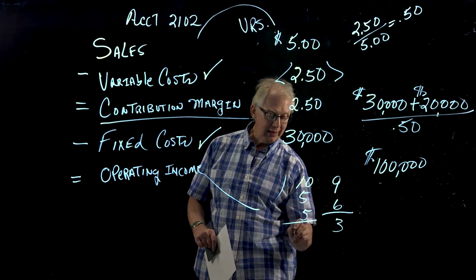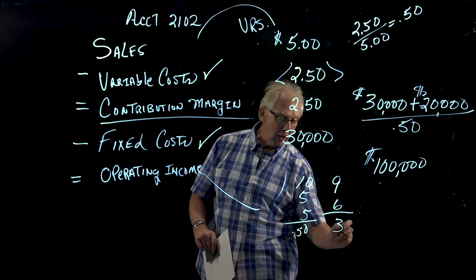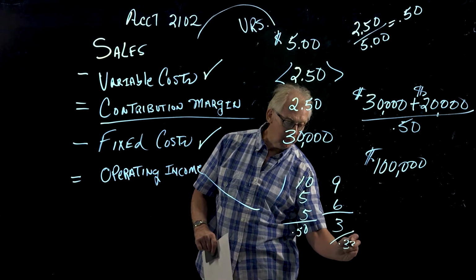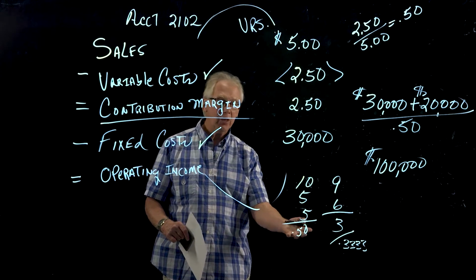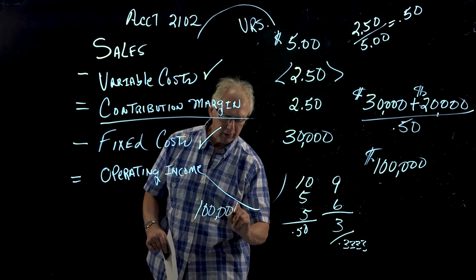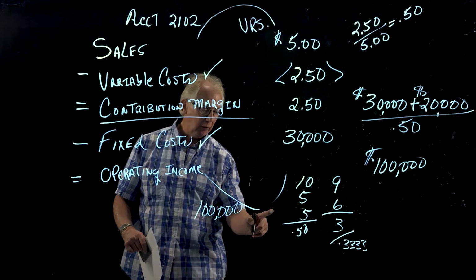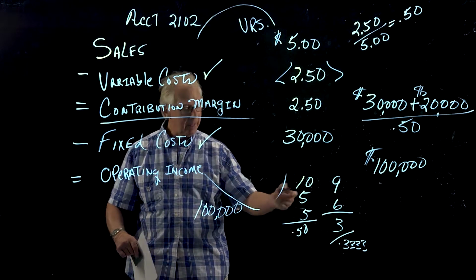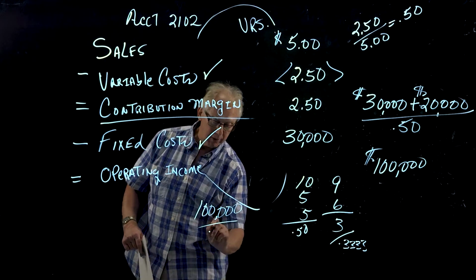ratio? 5 to 10, this is 50%, the original ratio. 3 to 9 is 0.33, the new ratio. Okay, so the ratio dropped, and fixed costs are $100,000. $100,000 is 50% of $200,000, so break even would be $200,000.